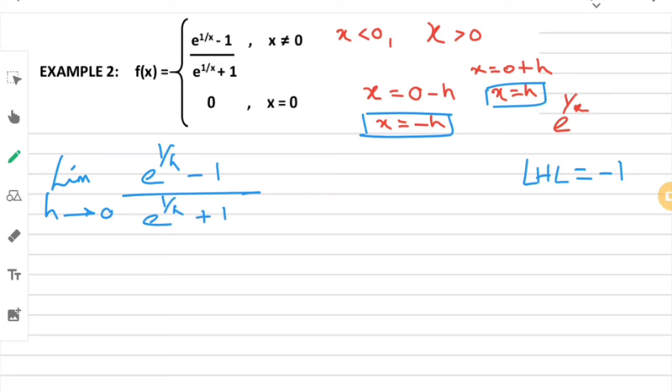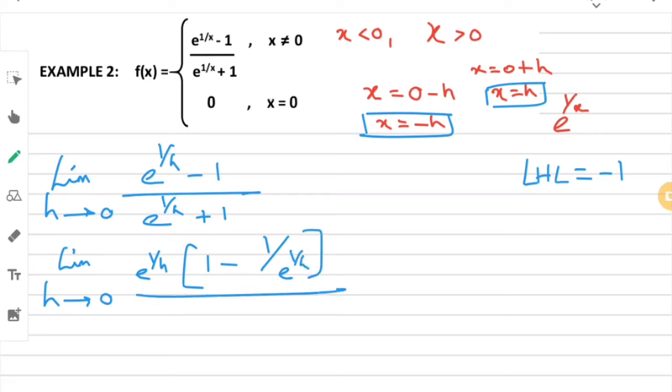And I need 1 by e power 1 by h, right? So I'm going to take this e power 1 by h as common. So what will happen? Limit h tends to 0, e power 1 by h, and then I will get 1 minus 1 by e power 1 by h, and in the denominator also the same, e power 1 by h, and it will become 1 plus 1 by e power 1 by h, and this e power 1 by h will get cancelled.